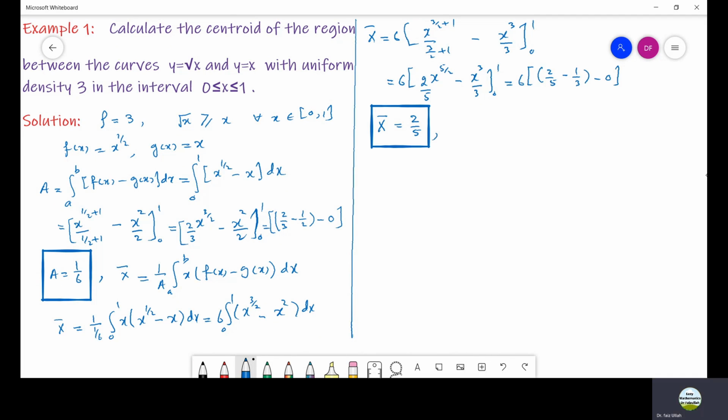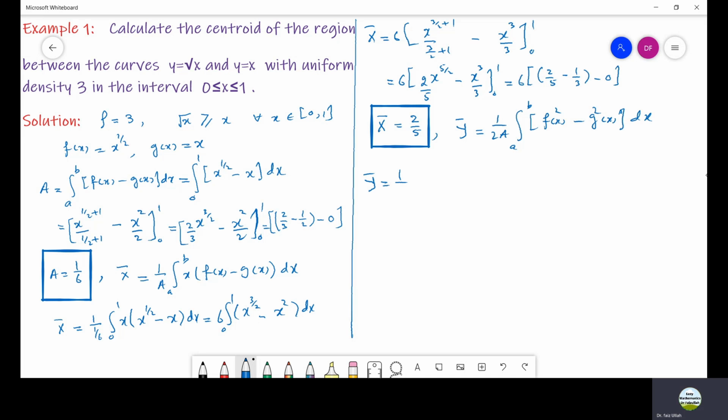Now let us find the y coordinate, which is equal to 1 over 2a, integration from a to b, f of x square minus g of x square into dx.